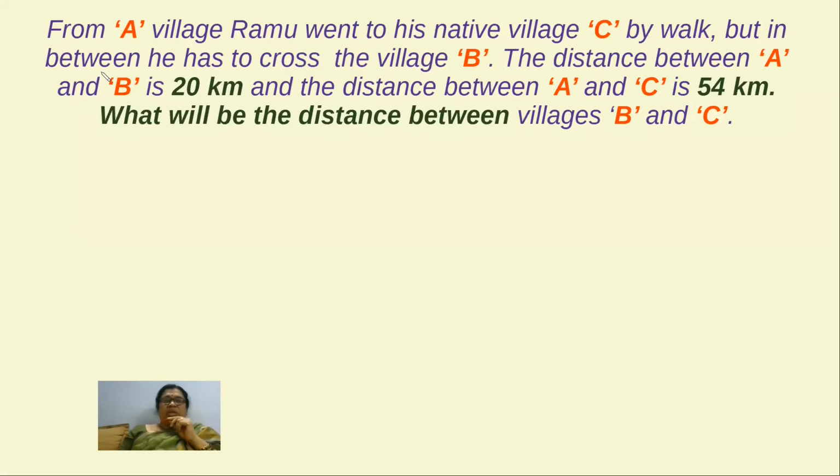But in between, he has to cross a village B. The distance between A and B is 20 kilometers, and the distance between A and C is 54 kilometers. What will be the distance between villages B and C? So this is the question.